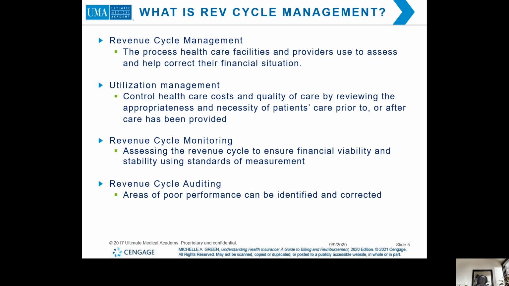We have different standards of measurement, cash flow, different things like that. And then additionally, we have to audit our revenue cycle, where we audit our cash flow also, so that we can determine if there's areas of poor performance, what they are, and then how can we correct them. Because in order for a facility to stay afloat, they have to have money coming in.